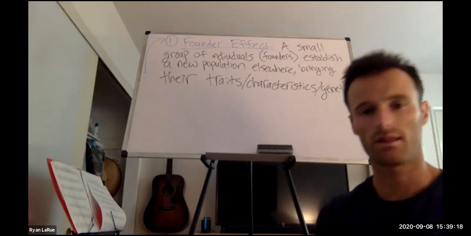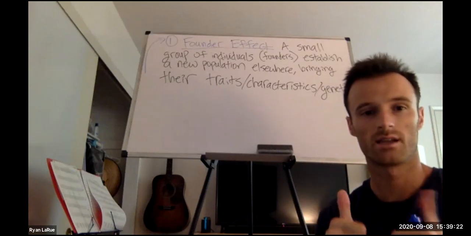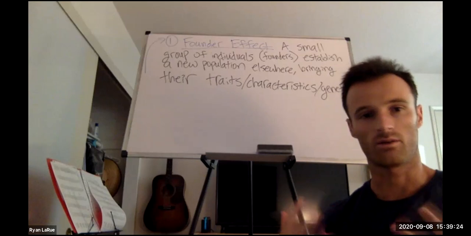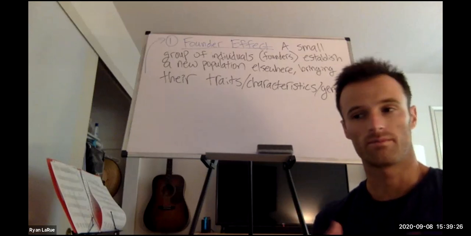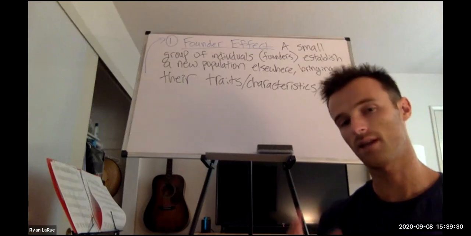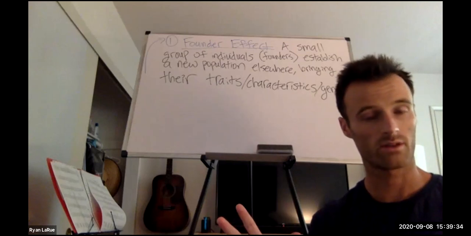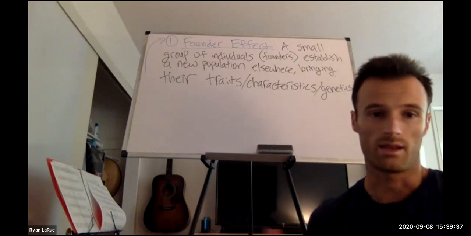Just keep in mind that the smaller the group, the higher the chance that there will be a disorder present, or something present in that population that's unlike the original population, that might have been selected out.